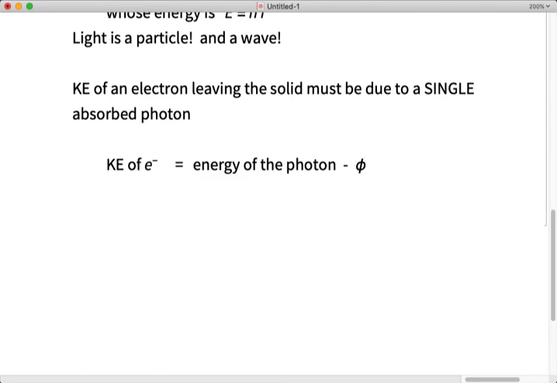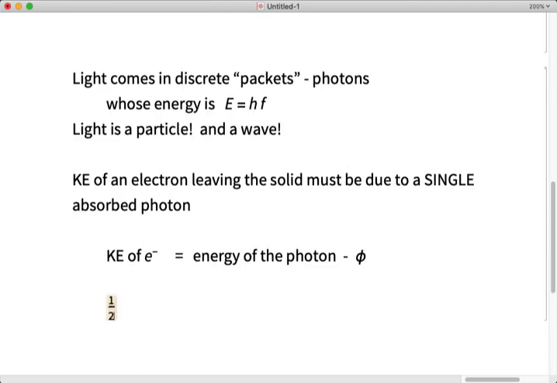So we can say a little bit more. We know that the kinetic energy of an electron is 1/2 times the mass of an electron times the maximum velocity squared, (1/2) m Vmax squared. And that has to be equal to the energy of the photon, but we know the energy of the photon.